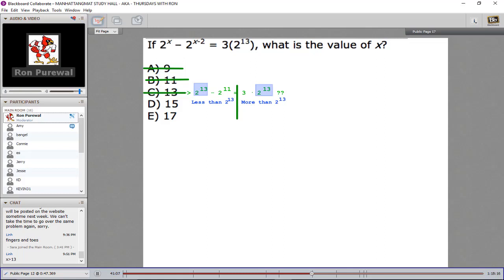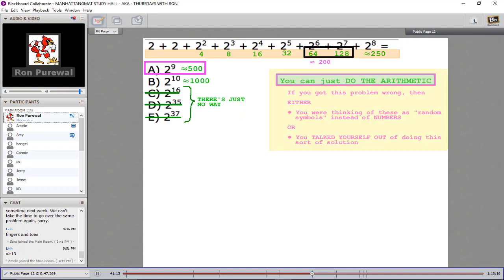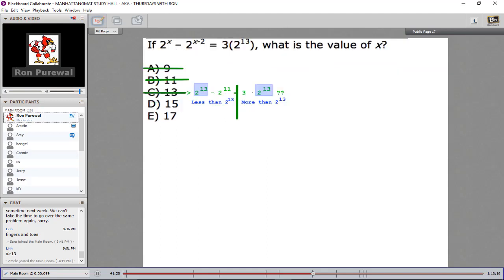Again, it's like I said about that first problem. Where was that problem? This one right here. This happens, right? People get into this frame of mind where these numbers are not even numbers anymore, and they're just thinking about them as stupid symbols that don't even mean anything. Because if you picked either A, B, or C on this problem, that's the frame of mind you were in.